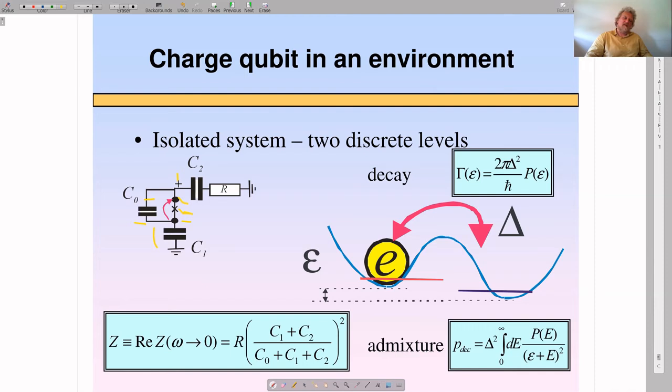But there is also a dissipative environment, which I represent with this resistor. This is a model of a charge qubit.